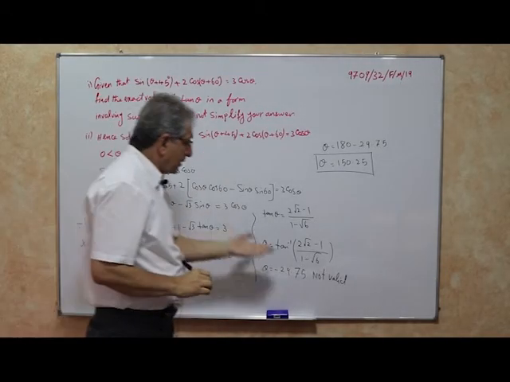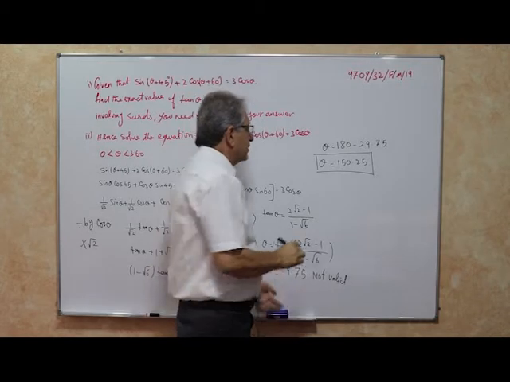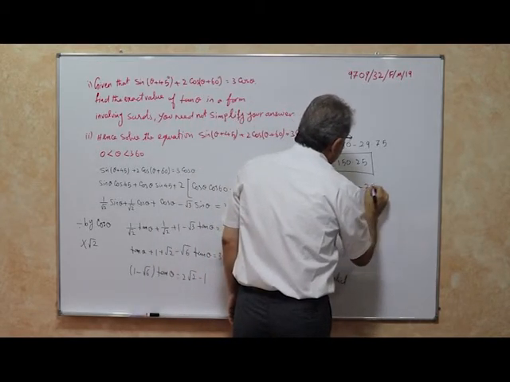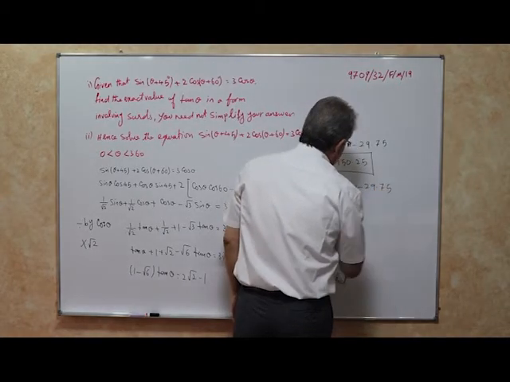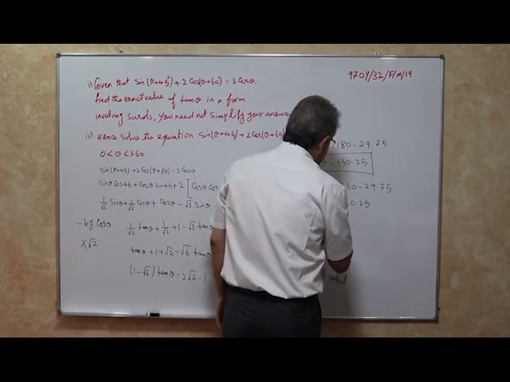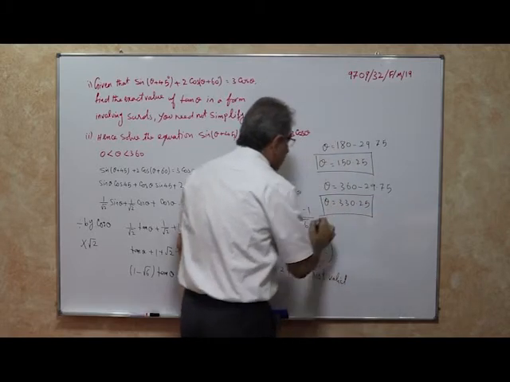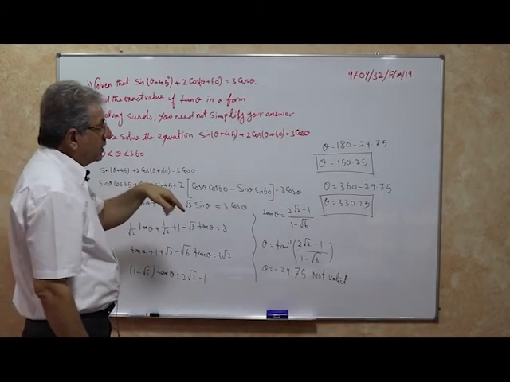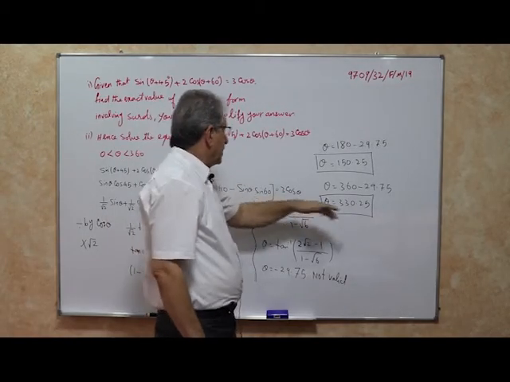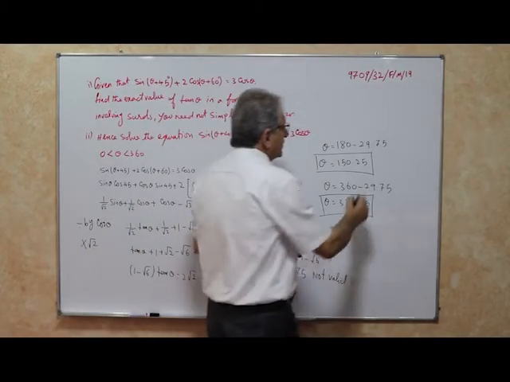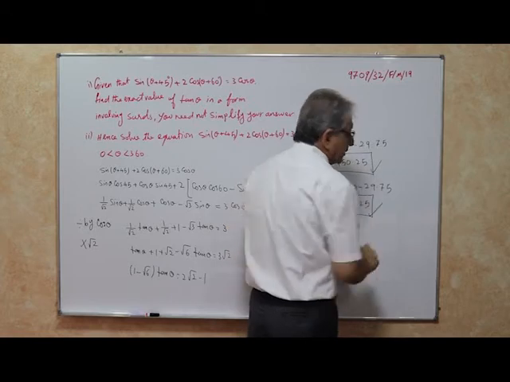Again, you can subtract this from 360. The other answer is 360 minus 29.75, which is 330.25. This is another answer which falls in this range. The next one will be 180 plus this, which for sure will be more than 360. Therefore these are the two answers which fall in our range.